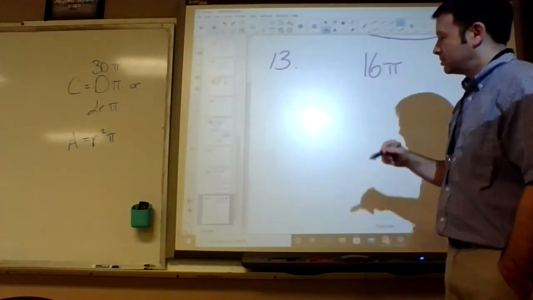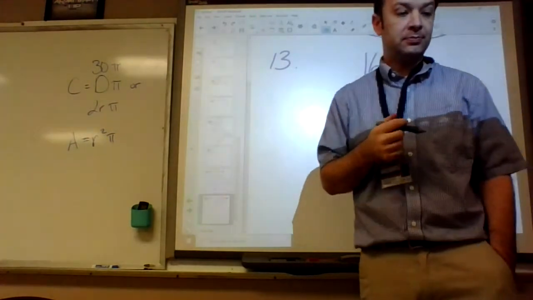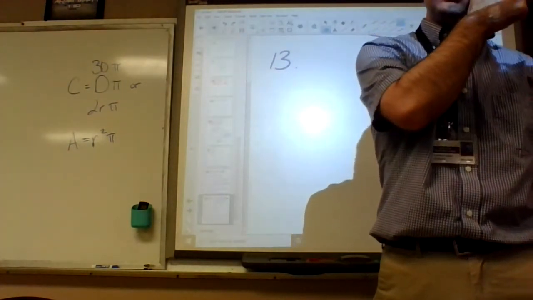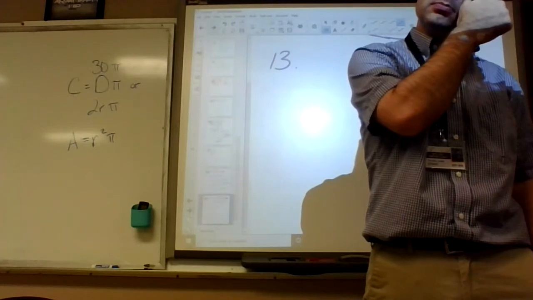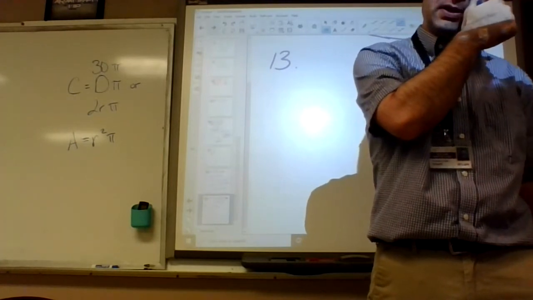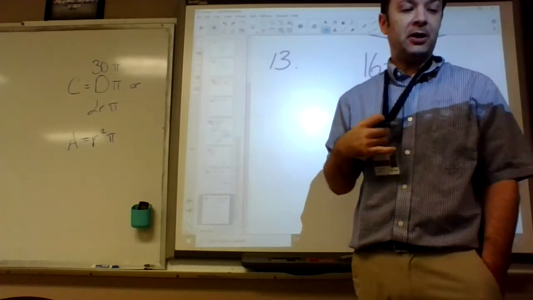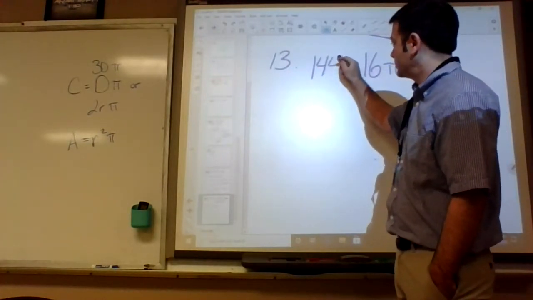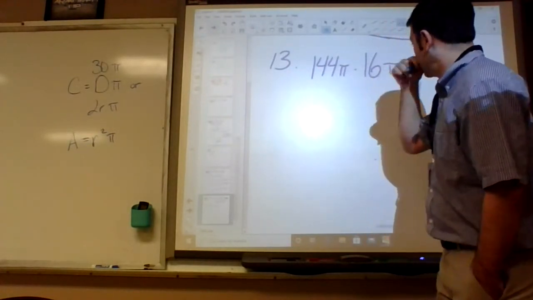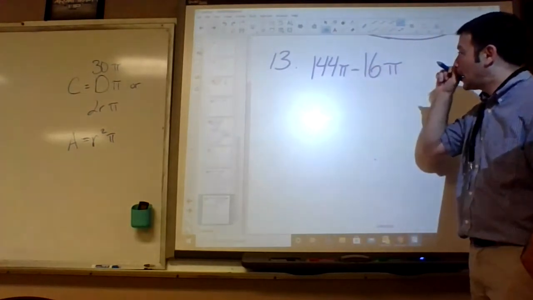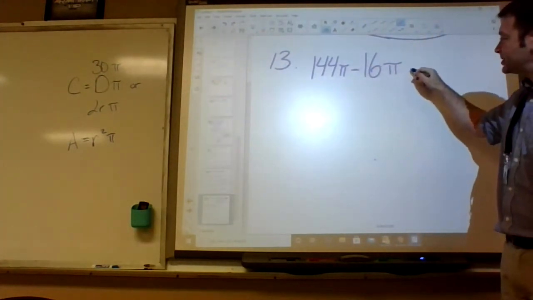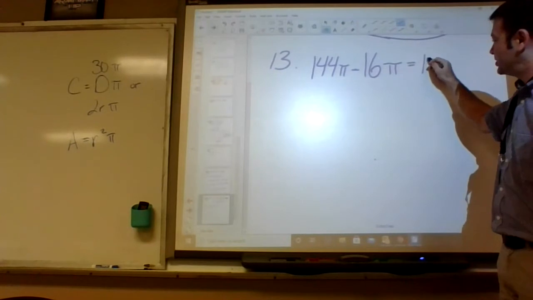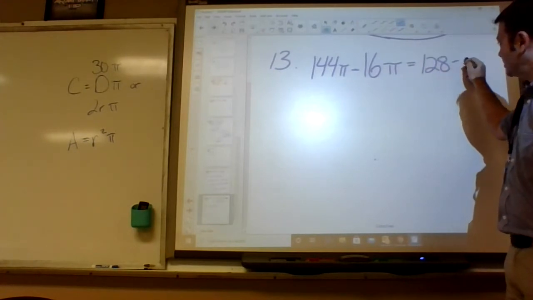And then you take 12 times 12 times pi, which is the area of the big circle, 144 pi, right? And then subtract the area of the hole. 144 pi minus 16 pi is 128 pi.